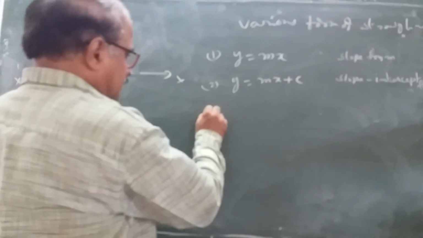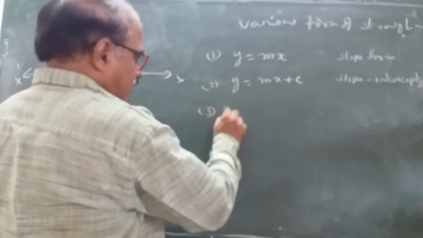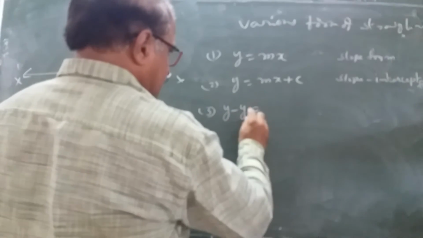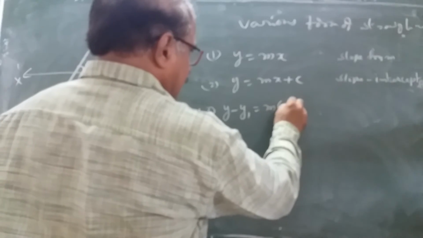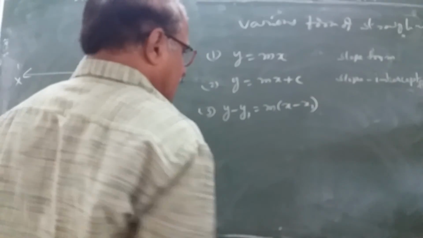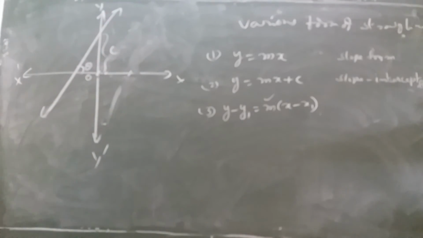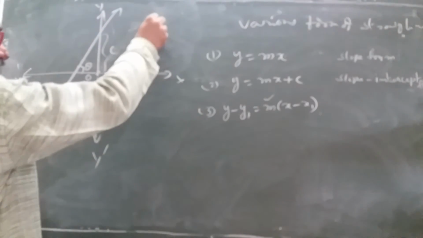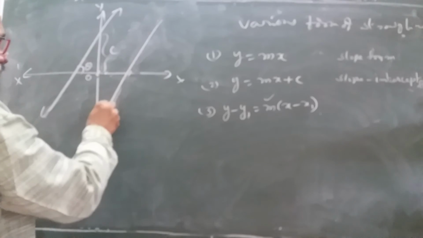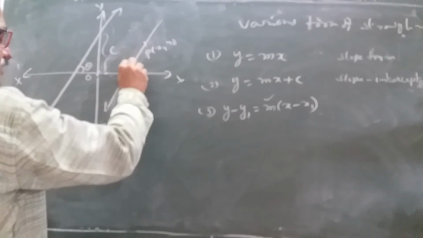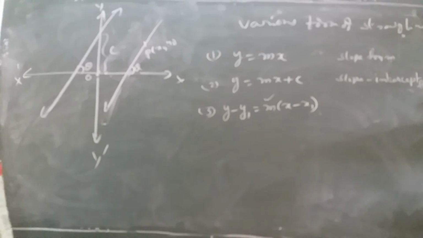The third one is y minus y1 is equal to m into (x minus x1). Here slope is there, and the point (x1, y1) is there. That means a point P (x1, y1) and theta is there, it has some slope m.